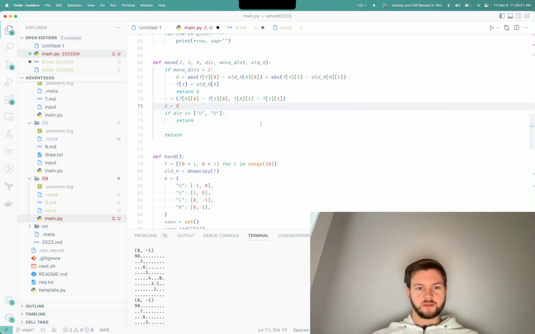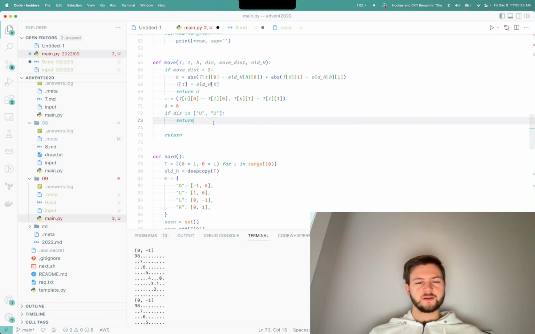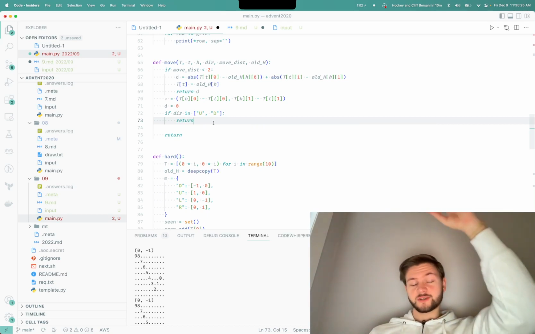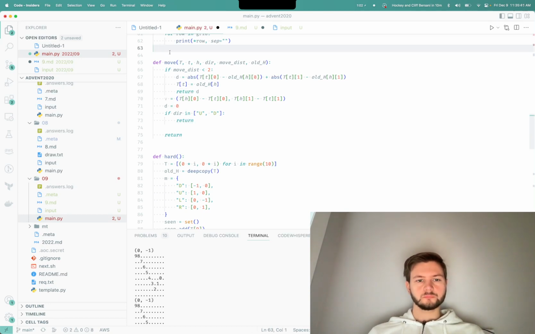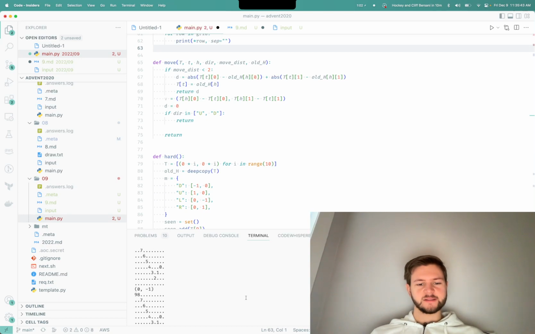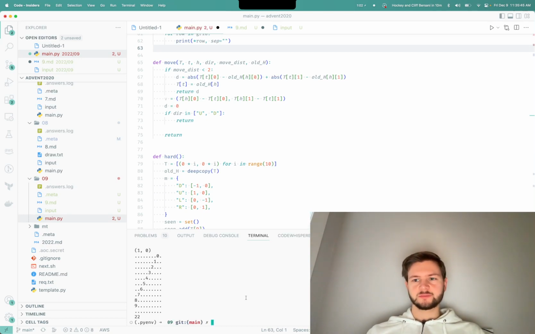D equals 0. When we're moving the original head piece up, then we want to move it like a sine function.